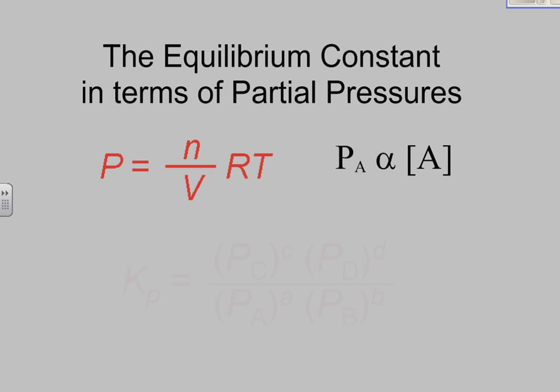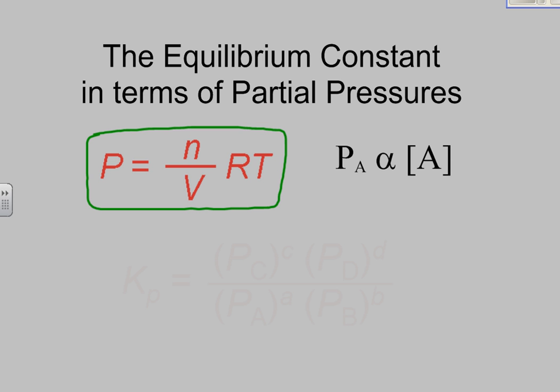Looking at the equilibrium constant, one of the things we're going to want to do is examine not just the equilibrium constant in terms of concentration, but particularly if we're dealing with gases, we might want to work with pressure. So up here we put down the combined gas law, or the universal gas law, PV equals nRT.